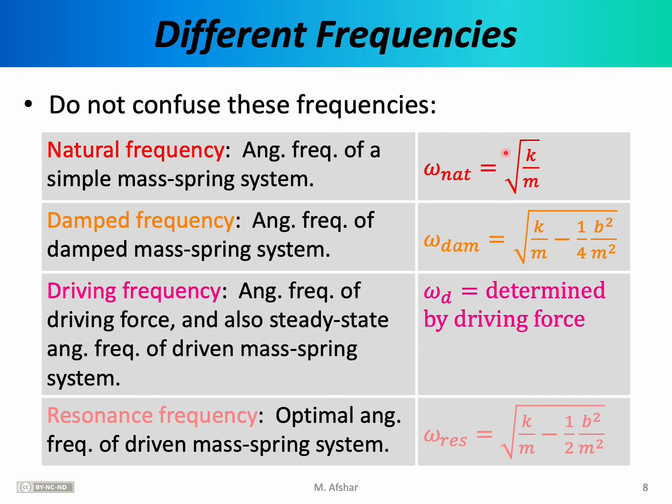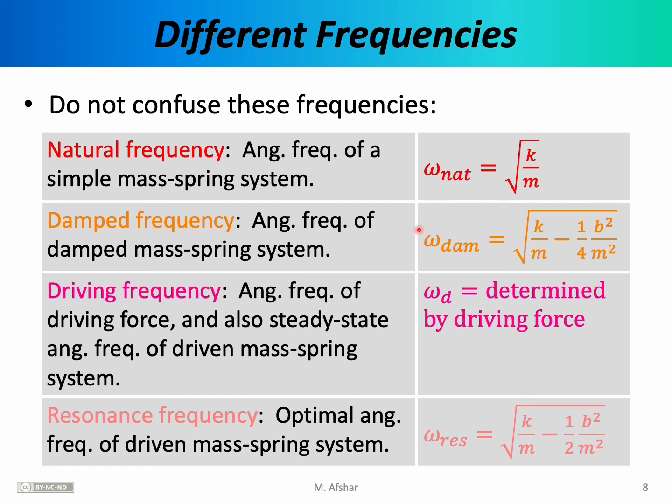If you have a simple mass spring system, then there is no damping, which means b is equal to 0, which means in that case, this entire square root will equal this entire square root. So numerically, under the right conditions, the natural angular frequency can be equal to the damped angular frequency, but in general, that's not true.